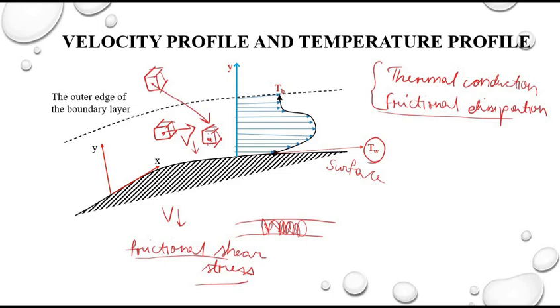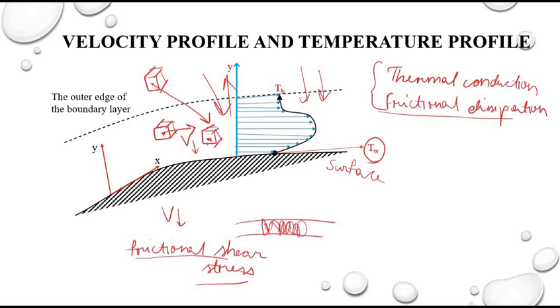This conversion of kinetic energy into internal energy results in increasing gas temperature inside the boundary layer. Here we considered just one fluid element, but in reality there are many such fluid elements which are coming and going outside and inside the boundary layer. Because of that, when that kinetic energy is converted into internal energy, there is a rise in gas temperature.